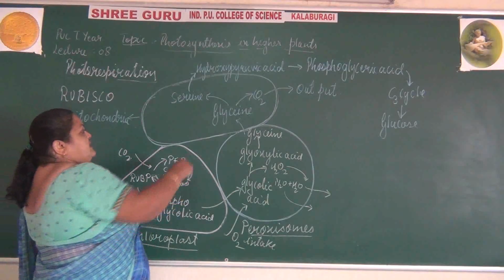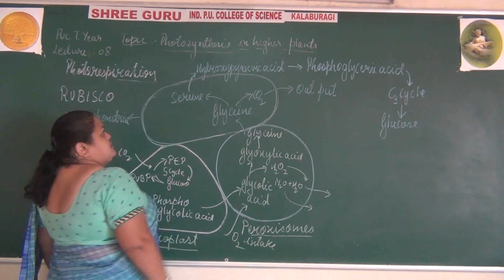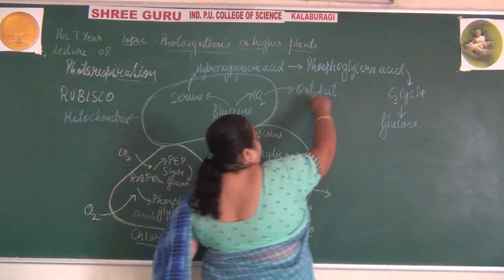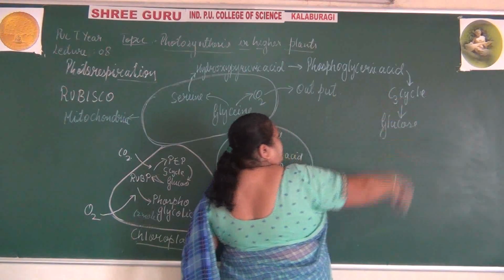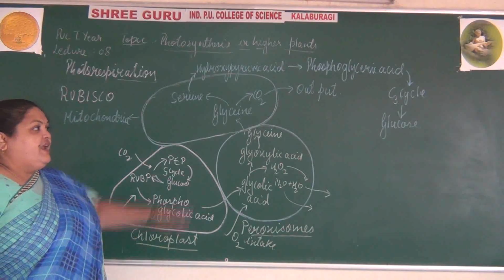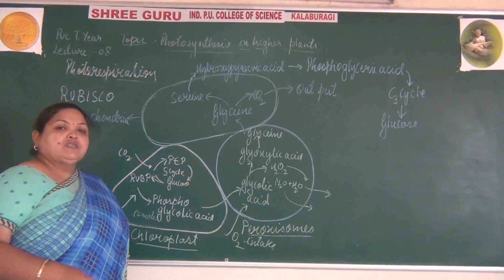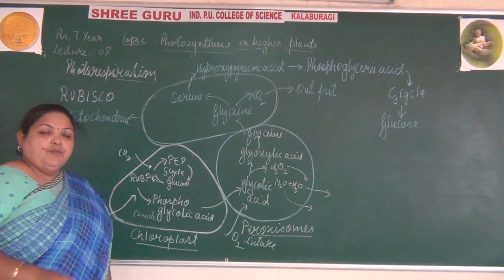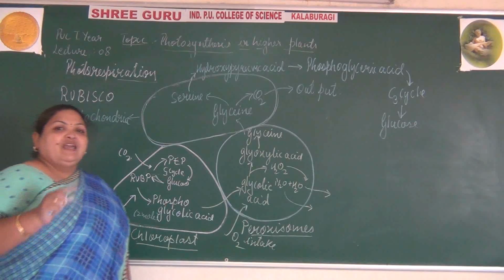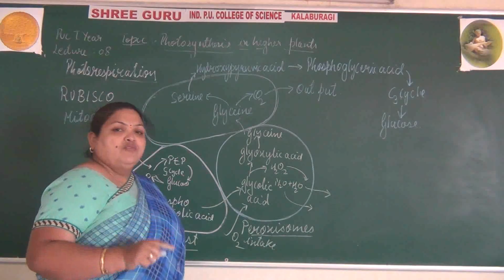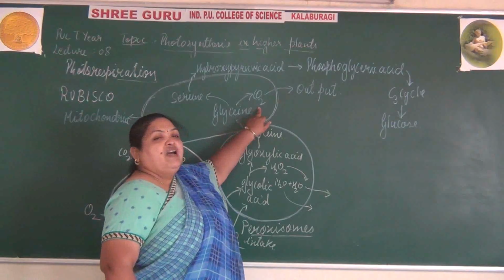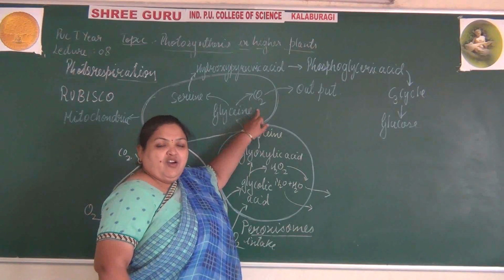carboxylation process. While the serine is converted into hydroxypyruvic acid and with the help of enzymes it is converted into phosphoglyceric acid, which can enter the C3 cycle in another organelle. So in total, photorespiration is a process occurring in the green cells of plants in the presence of light with excess evolution of carbon dioxide.